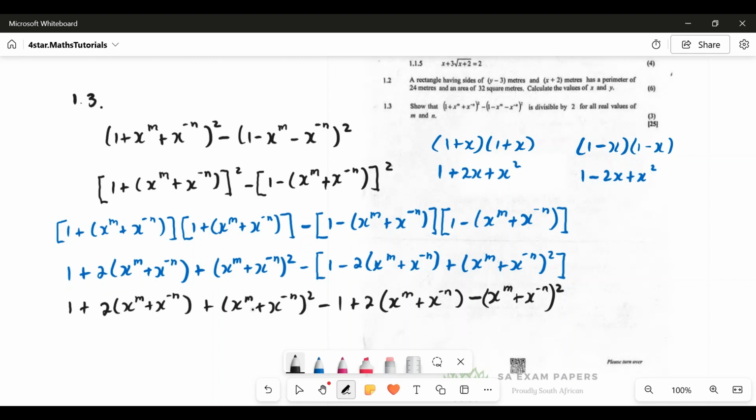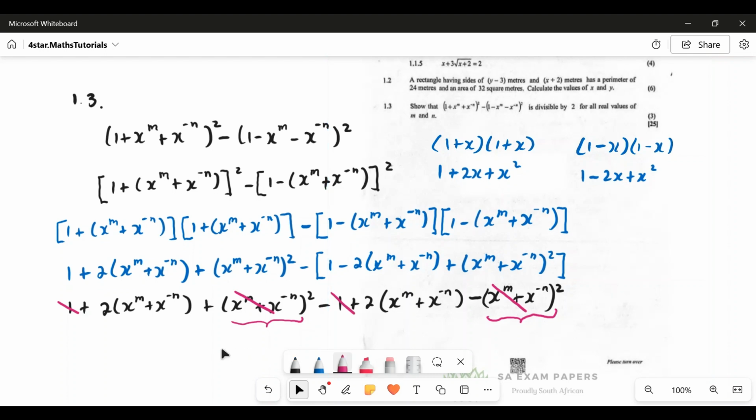Then let's simplify like terms. This one and this one are like terms, so they will subtract one another, then we're having 0. So this one and this one, they are out. Then a positive one and a negative one, they are also out.